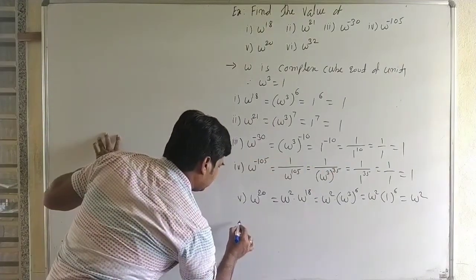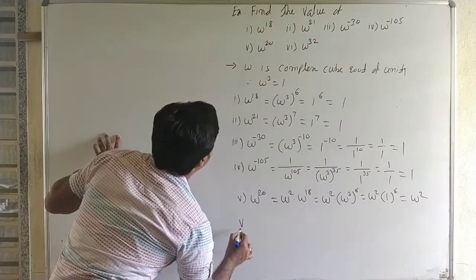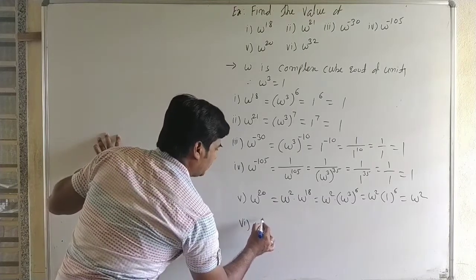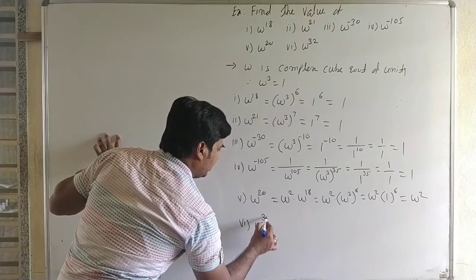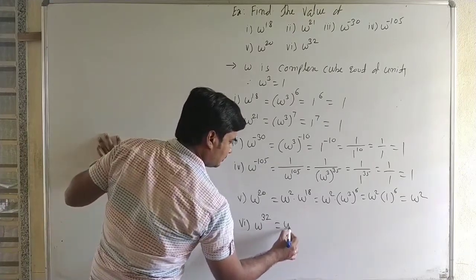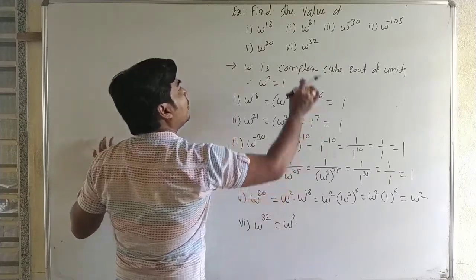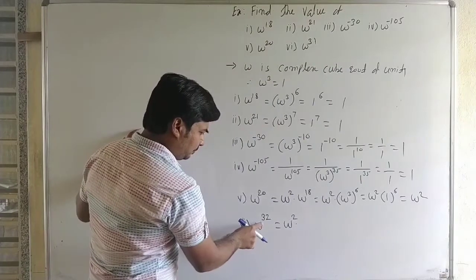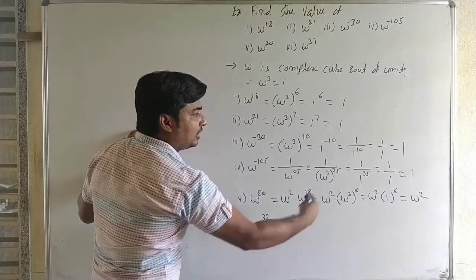Now it is the sixth example, omega to the power 32. We get here 31, different example. 32 is omega square.